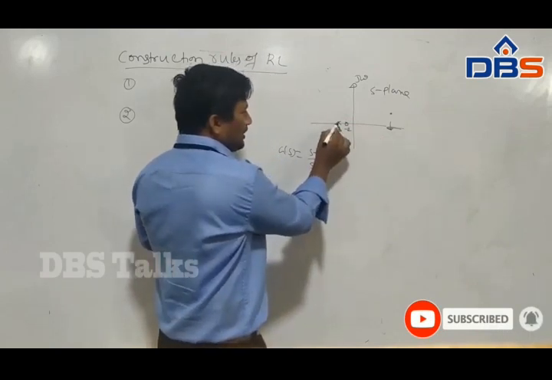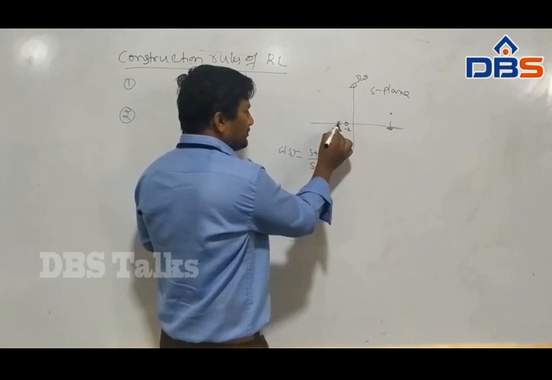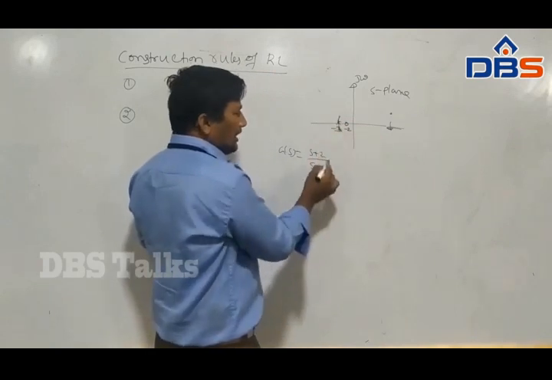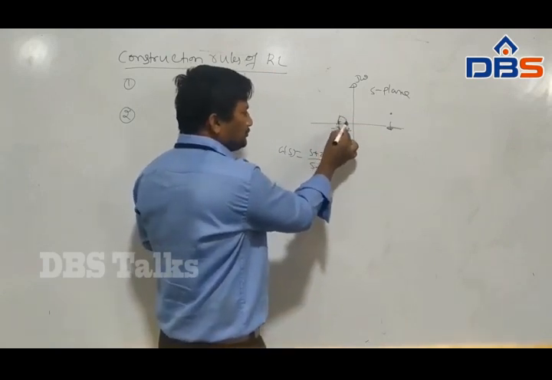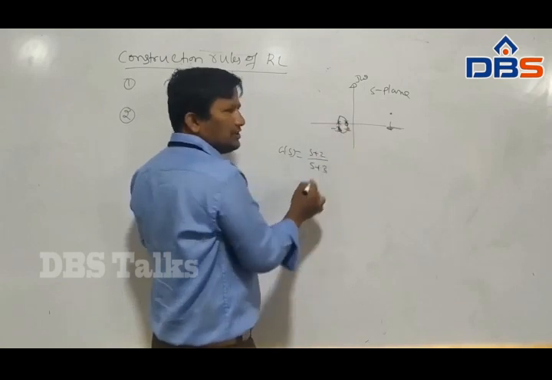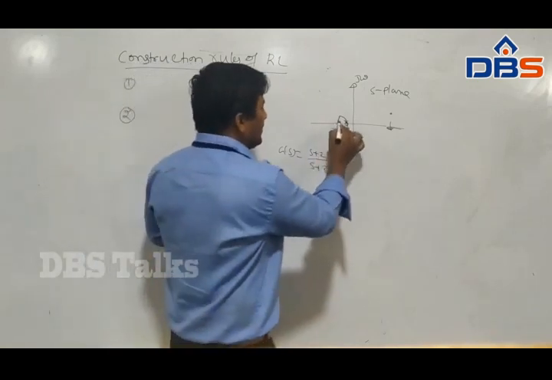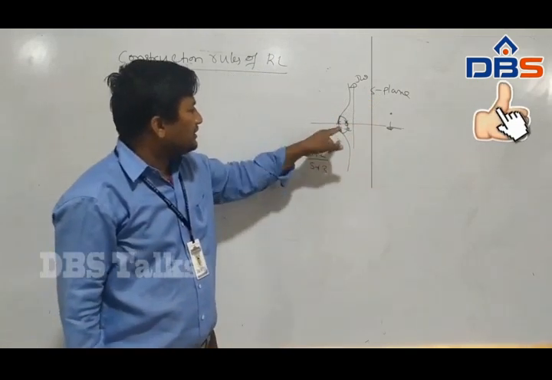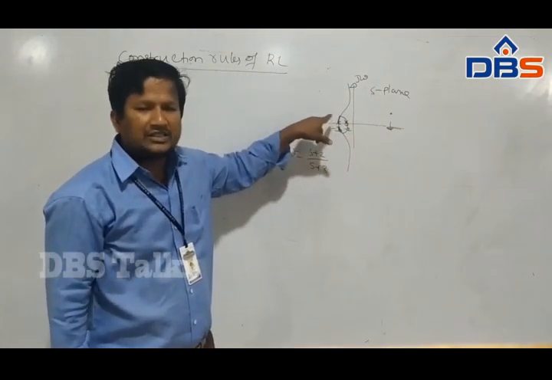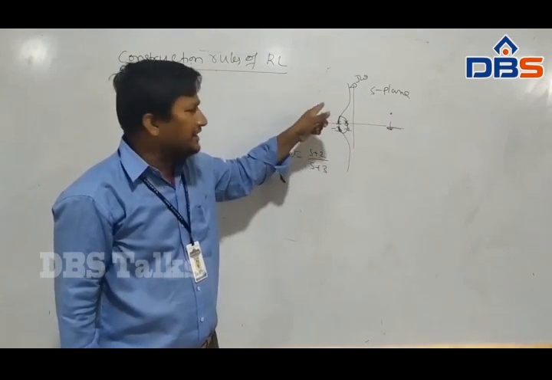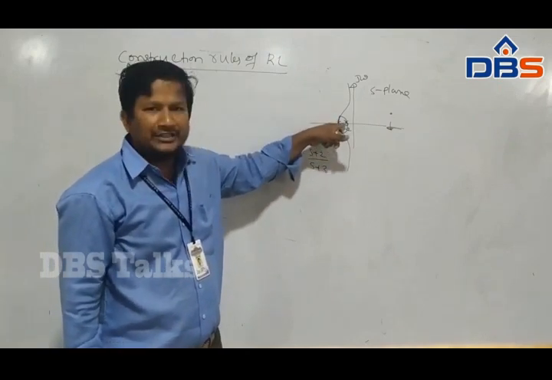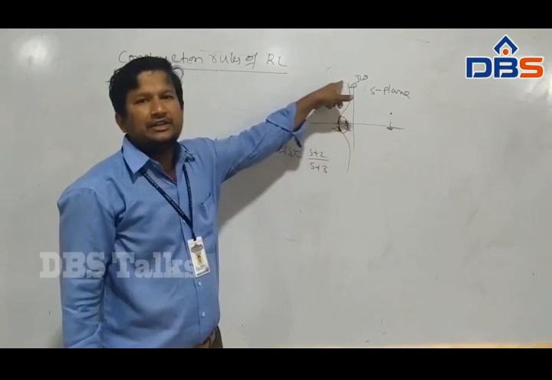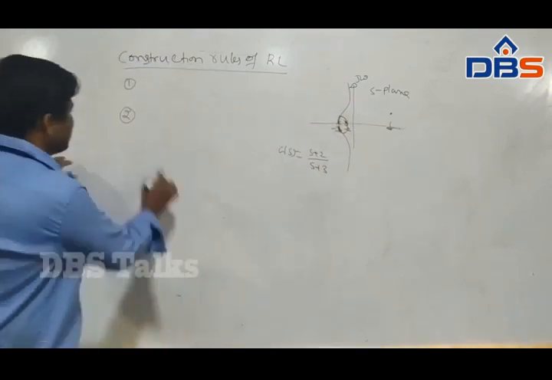The root locus always starts from the poles and it may terminate at the zero like this. Simply put, the root locus diagram always starts at the poles and it may end at either zeros or infinity. That is the second rule.